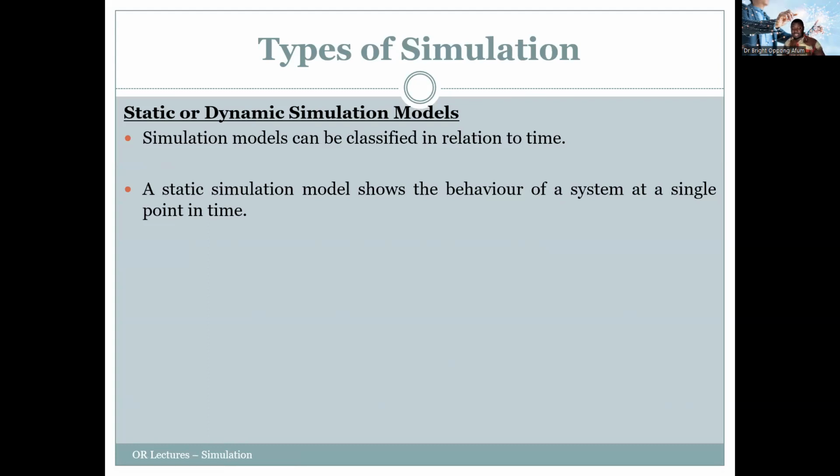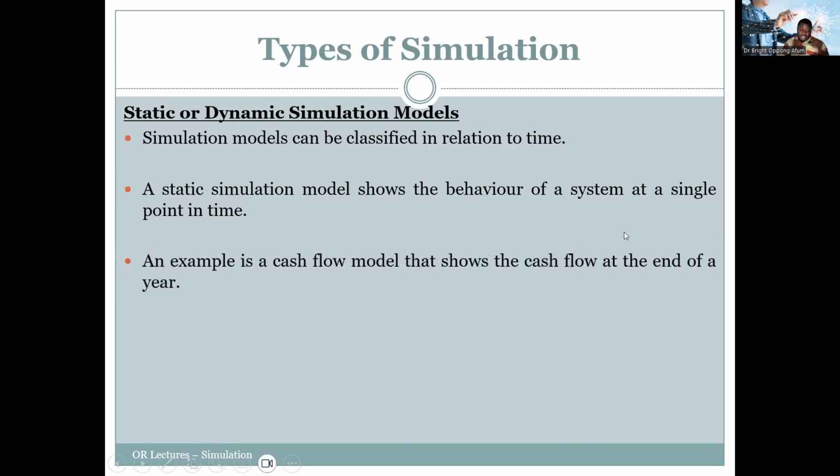It's static. It's like it's immovable. Then we say that it is a static simulation model, right? For instance, a cash flow model that shows the cash flow at the end of a year is actually a static model, right?